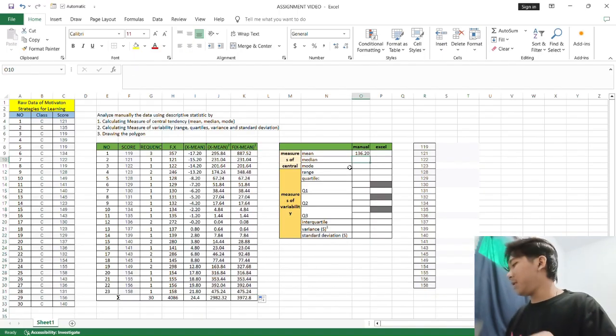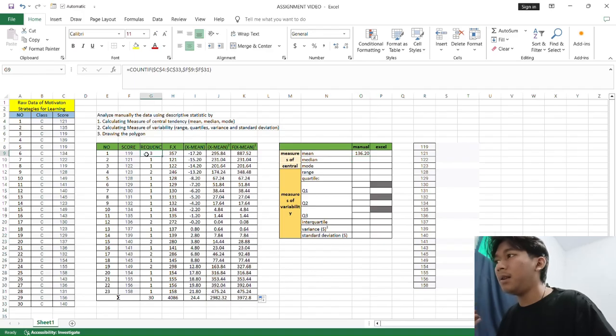Okay, so the next is we're gonna look for the median. The median is the central number from our data that separates the lower data from the higher data. So to do that we're gonna calculate from our frequency right here.